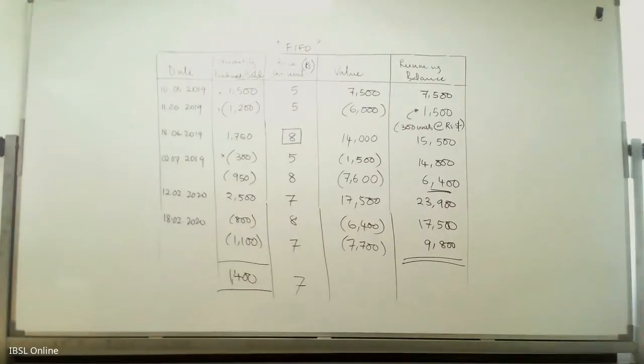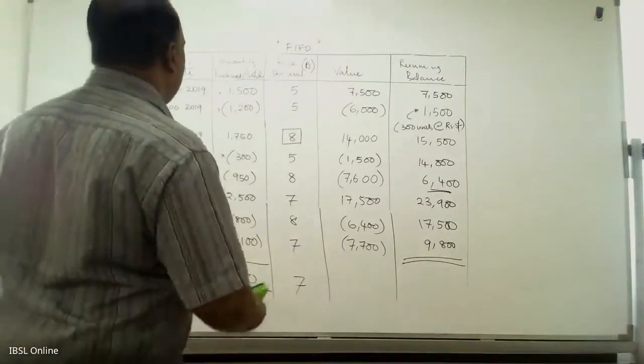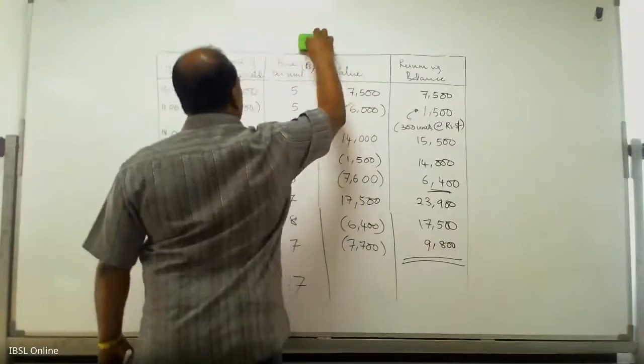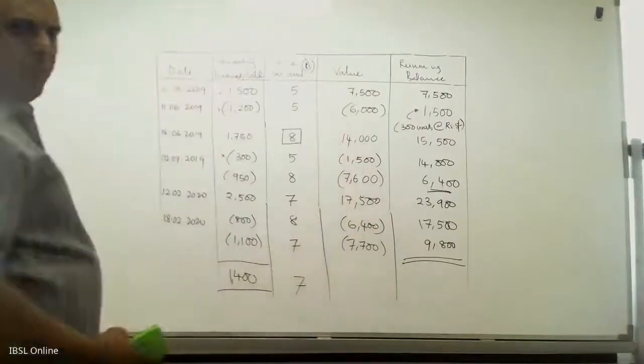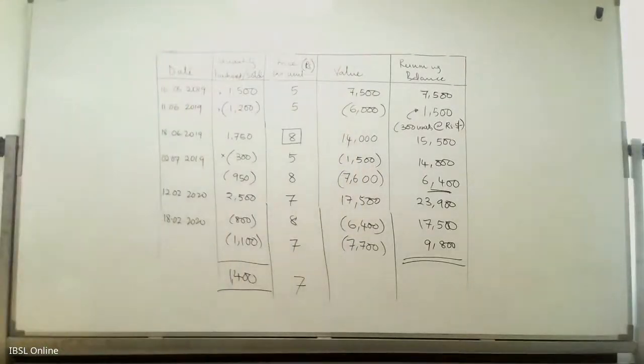So now let's look at the average cost method. Average cost method is where you will have to calculate the average price to do the valuation.